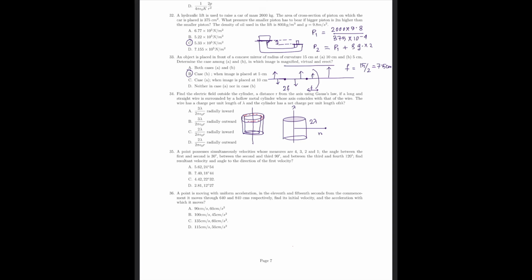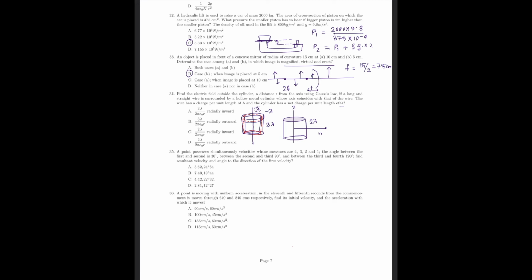As the electric field here would be 0, the total flux passing through this Gaussian surface must be 0. So the metal would have a charge per unit length on the inner surface, induced by this positive charge, of minus lambda. To conserve the charge, the outer surface will contain a charge of 3 lambda. So 3 lambda minus lambda is 2 lambda.